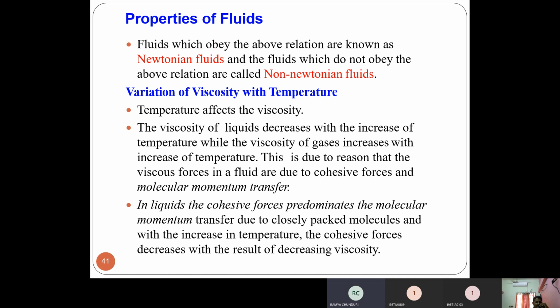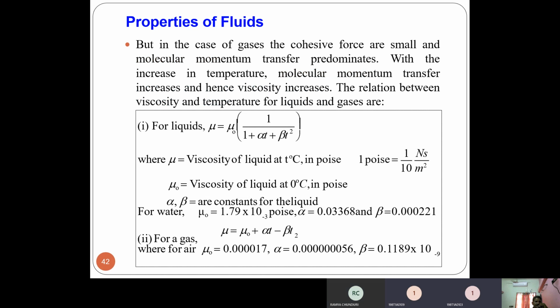In gases, the cohesive forces are small and molecular momentum transfer dominates. With increasing temperature, molecular momentum transfer increases and hence viscosity increases.